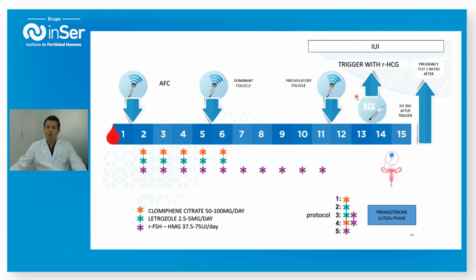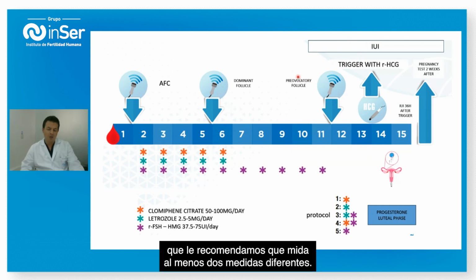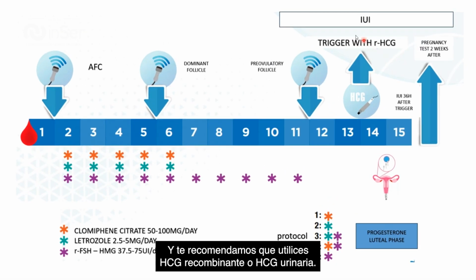Also, when you do the IUI and you have a preovulatory follicle, we recommend that you measure at least 2 different measures, and you have a follicle above 18 millimeters of diameter. On that day, you can do the trigger. And we recommend that you use recombinant HCG or urinary HCG.